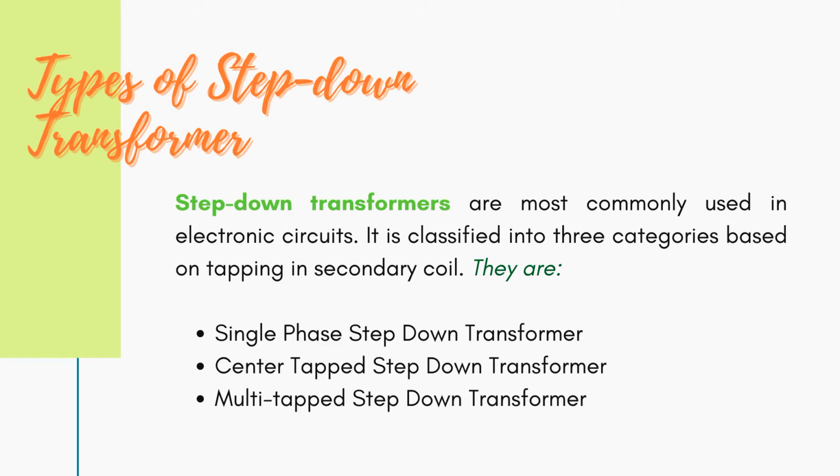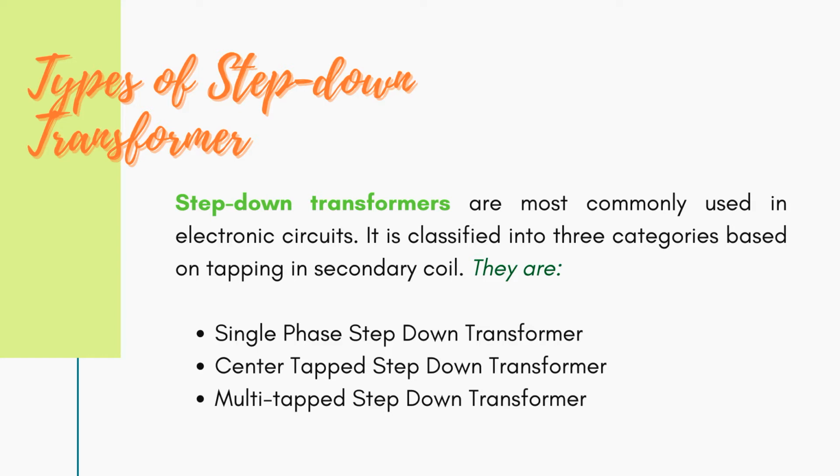Types of step-down transformer. Step-down transformers are most commonly used in electronic circuits. They are classified into three categories based on tapping in the secondary coil. They are 1. Single-phase step-down transformer, 2. Center-tapped step-down transformer, 3.